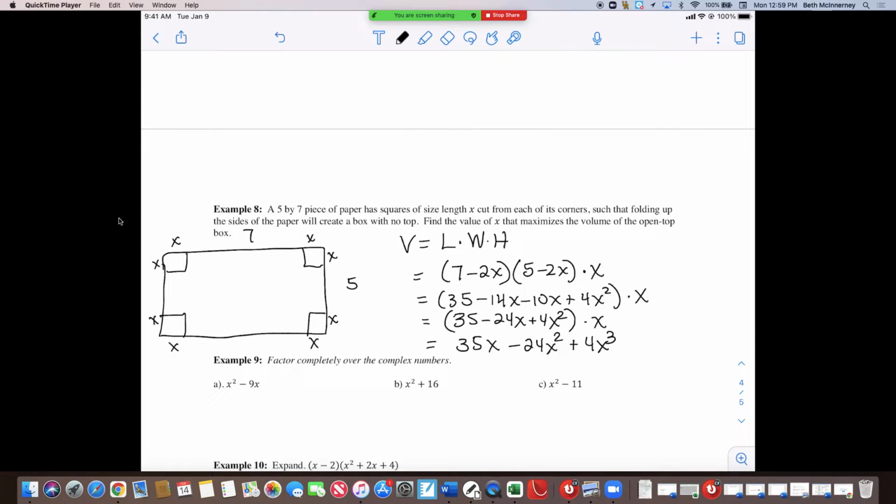So I want to talk a moment about domain. Remember, what is domain in general in algebra? What was domain? Remember we talked domain and range?